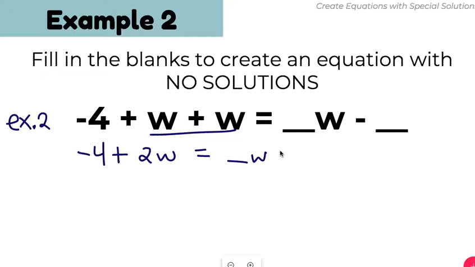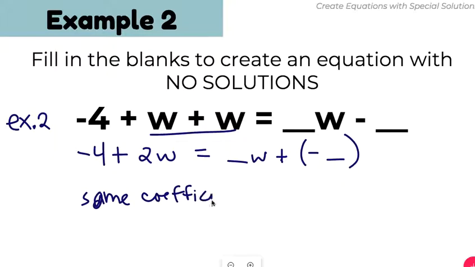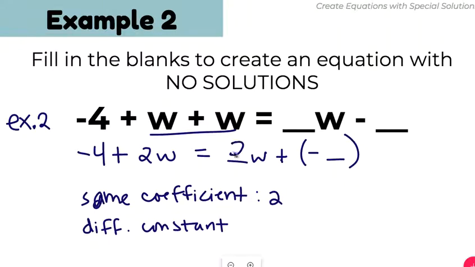So blank W plus negative blank. So remember, we want same coefficient, different constant. So my coefficient is a 2. I need my equation to have the same coefficient, 2.